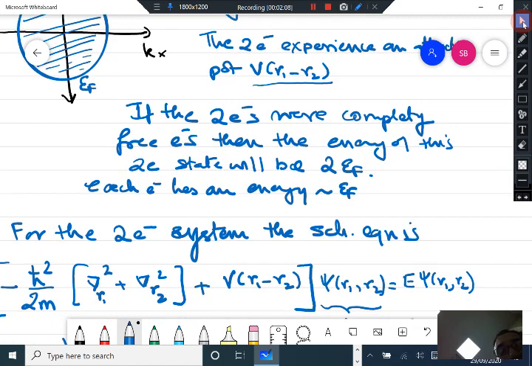Now, if these two electrons were completely free, then the total energy of this two electron state will be twice EF, because each electron has an energy EF.